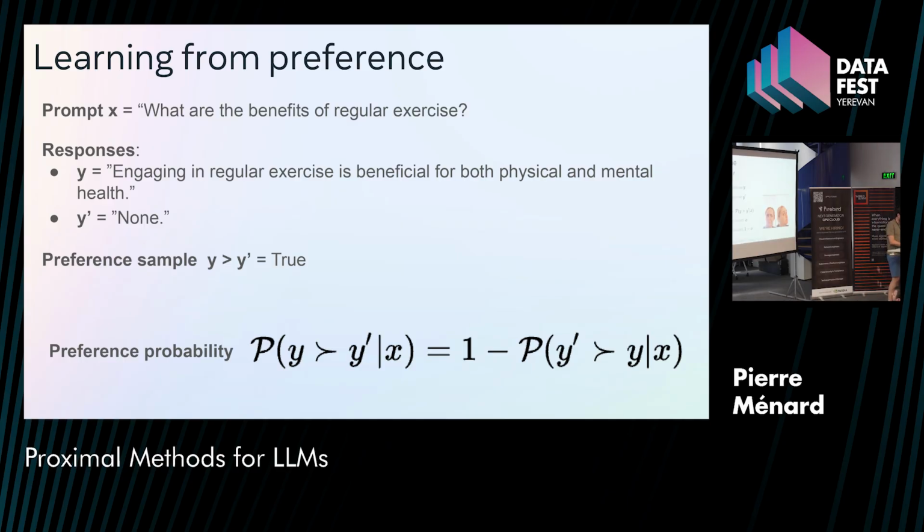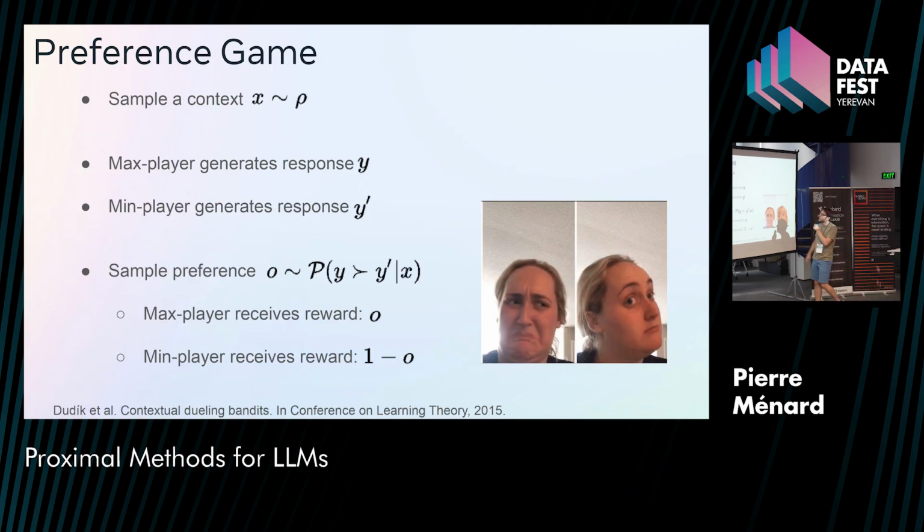As you learned this morning, maybe, it's not completely clear how we can leverage such data. In particular, it's quite convenient to frame it as a game. The game is quite simple. First, you sample a context from your data set.